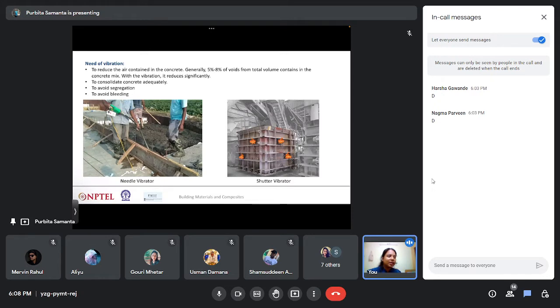So basically, when we talk about compaction, we do this either manually or with the help of vibrators. This is something we all know by now, right? Manually or using vibrators. Now, you can understand when we need these vibrators.